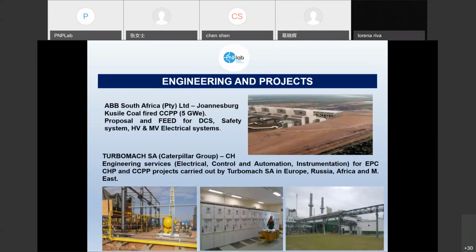Also for Turbomac SA, in Caterpillar Group in Switzerland, for engineering services, mainly electrical, control and automation and instrumentation. For EPC, cogeneration heating plant and combined cycle power plant projects carried out by the company Turbomac SA in Europe, Russia, Africa, and also Middle East.